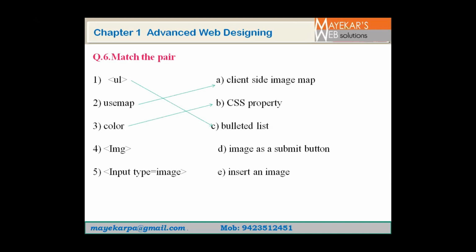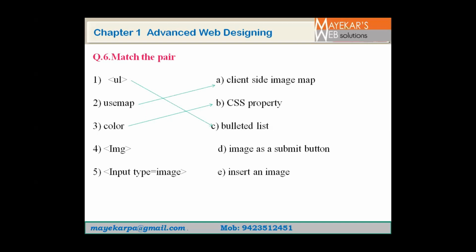Next, question number 4 is the img tag. The IMG tag is used to insert an image. Here are two options. The first option says image as a submit button, and the second option is insert an image. When you insert any image with the IMG tag, only the image is inserted, but there is no submit button, and by a submit button you can't insert any image.